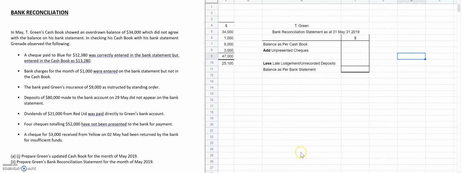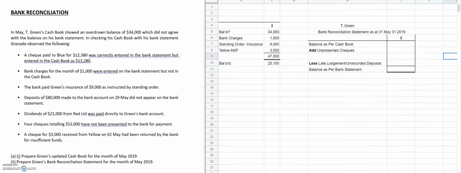Here you have the general format for the bank reconciliation statement. We know that we should have the name of the statement at the top. We have the balance as per cash book, unpresented checks, late lodgement or unrecorded deposit, followed by the balance as per bank statement.